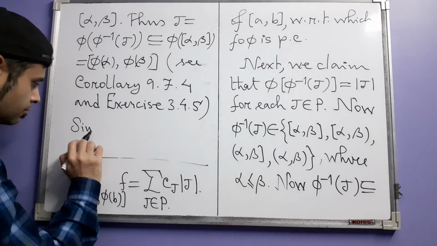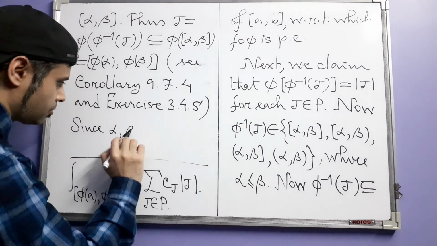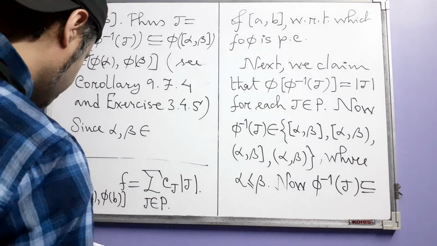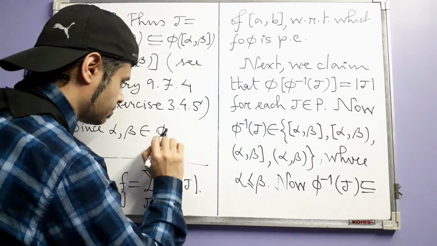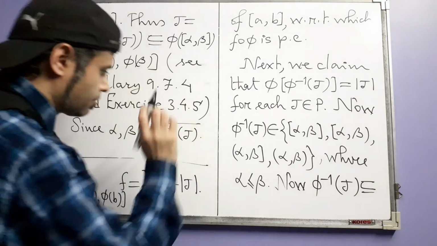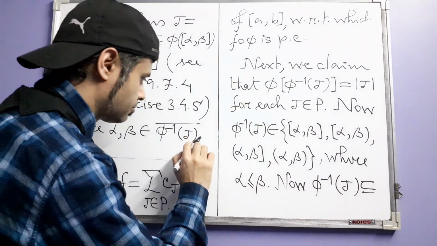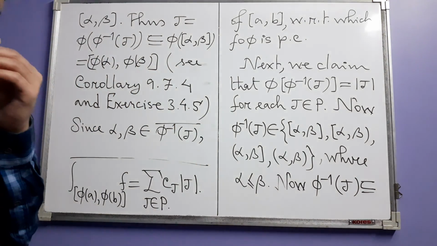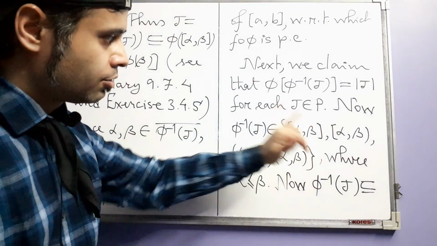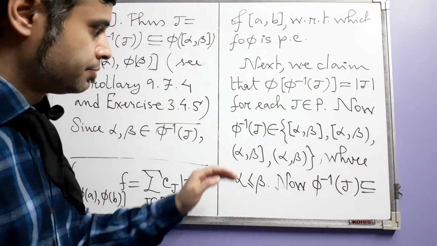Since alpha and beta both belong to phi inverse of J closure. Why? Say phi inverse of J is the closed interval alpha comma beta.